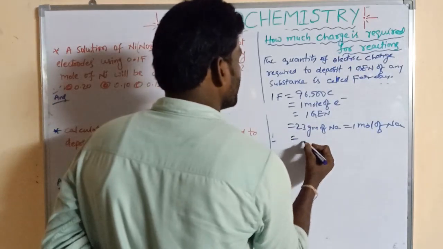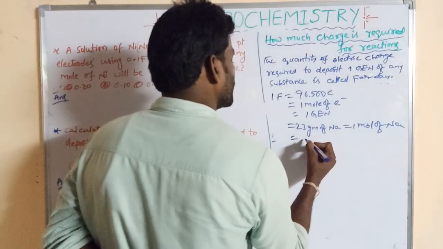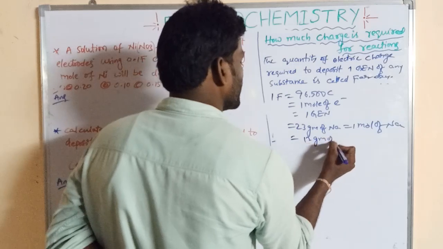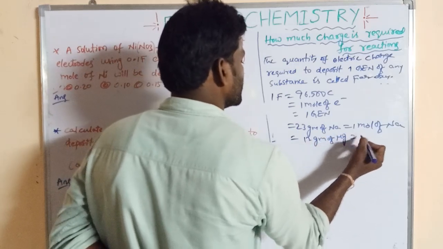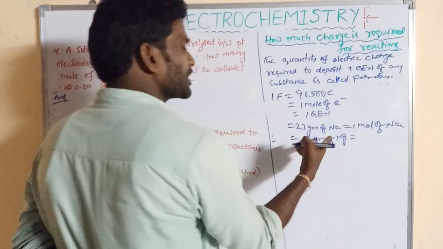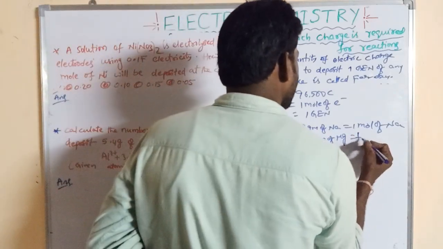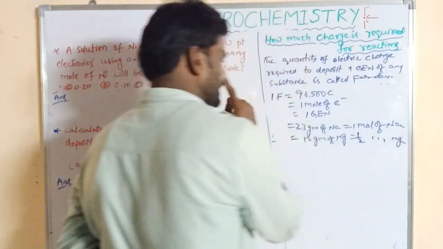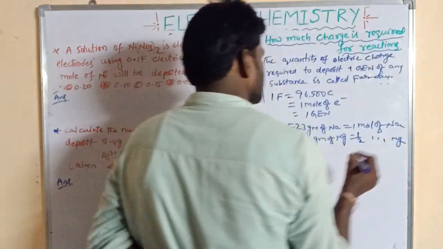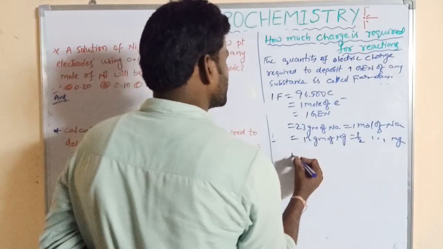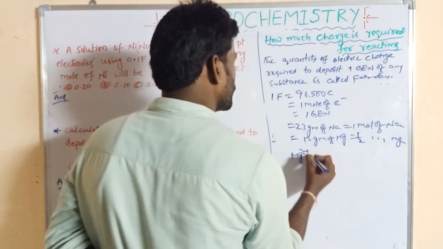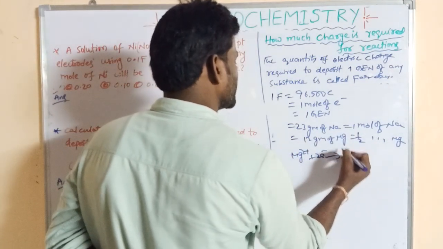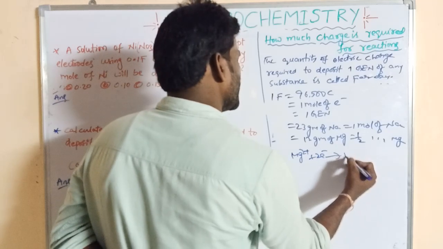If you take Mg, like 12 gram of Mg, then 1 Faraday is equal to 12 gram of Mg, which is 1 by 2 mole of Mg. How is it written? Mg2+ gains 2 electrons to give Mg.